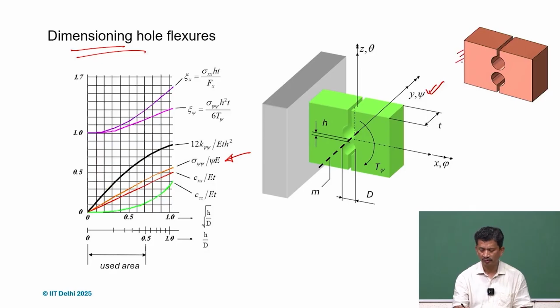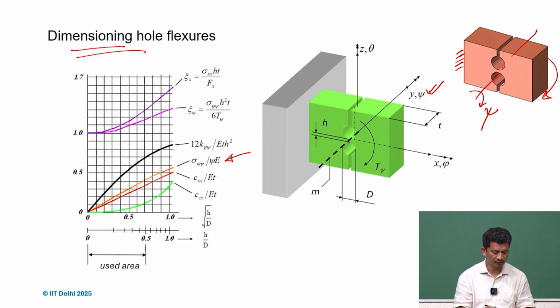Again, the 3D CAD helps us visualize it well, and you can have a moment acting, and there will be a hinge. So psi is what we are interested in.